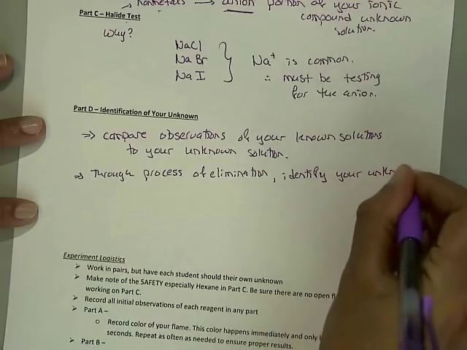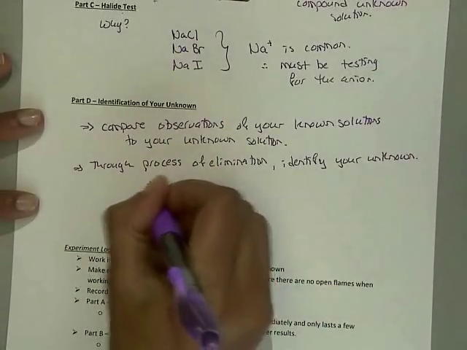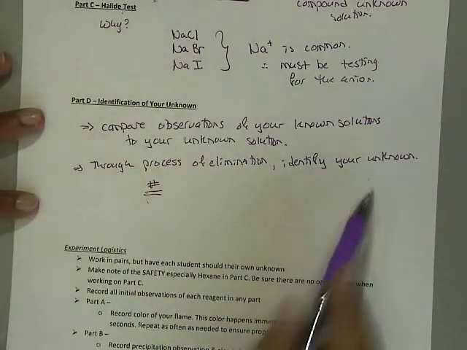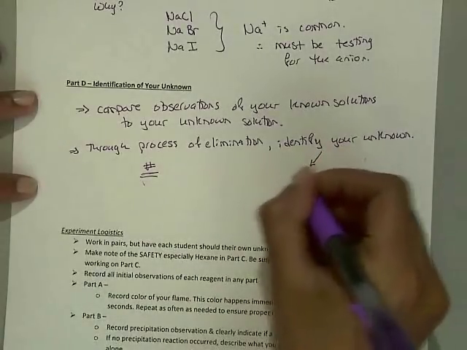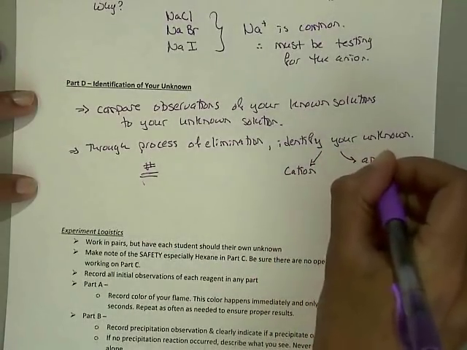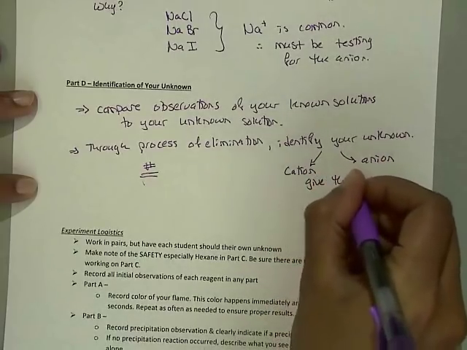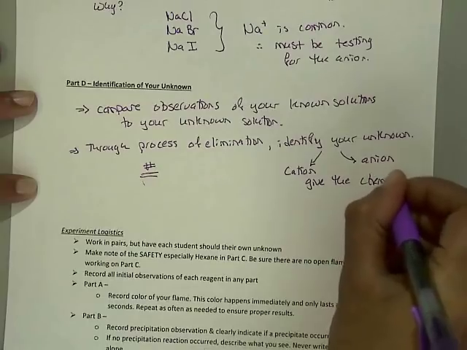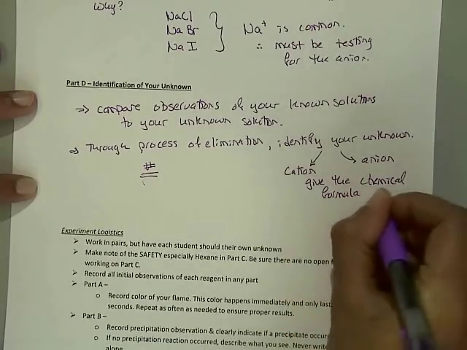And your lab instructor has an answer key, so make sure you write down your unknown number in your lab notebook and your answer, and check with your lab instructor. Not only identify your unknown, but I want you to identify your cation and your anion and give the chemical formula and name.